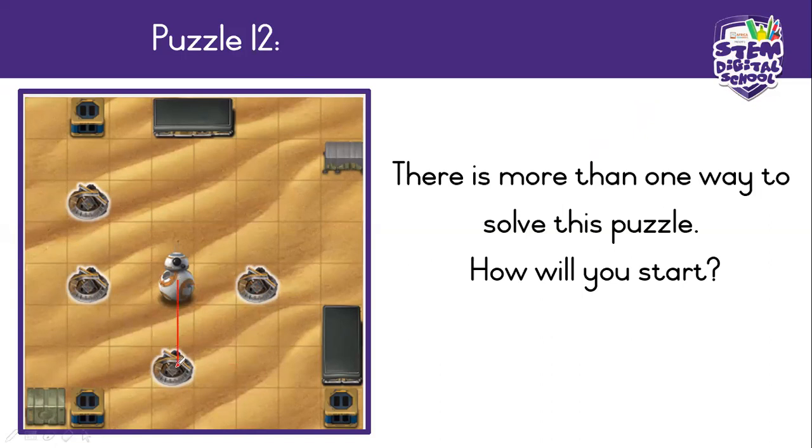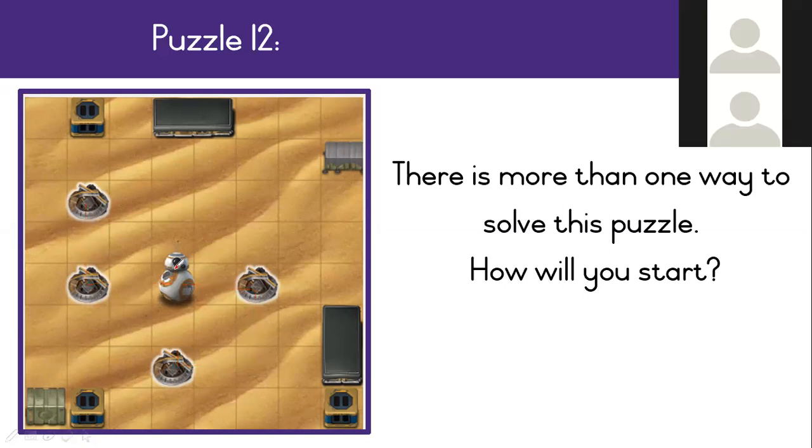You can go south first, north, then all the way west to this one and up again. So it doesn't matter where you start or which way you go first. If you prefer to go north first and do it this way, you can. On this one you can be a little bit creative and make your own pattern.